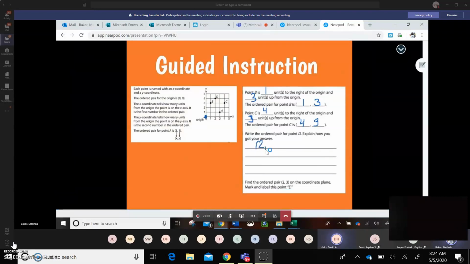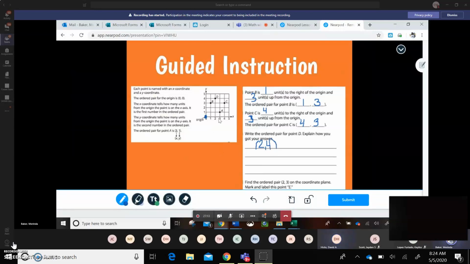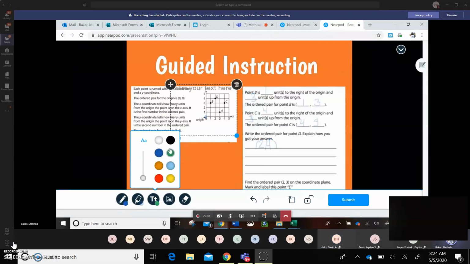2, 4. We will start at our origin. And then 2 units to the right. So when it says explain, that's what you do.